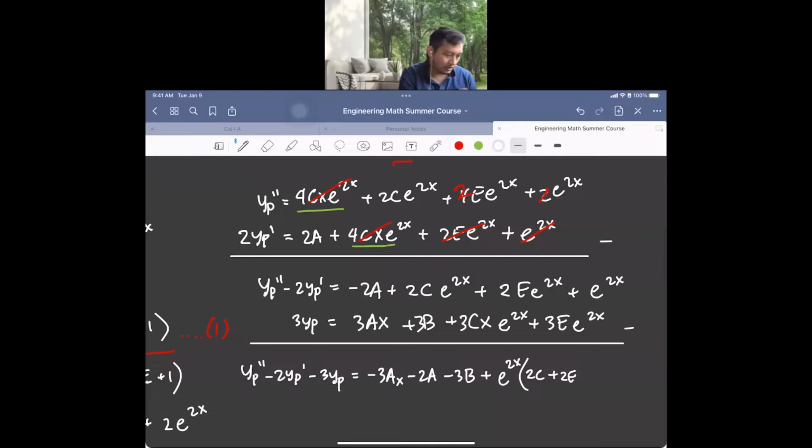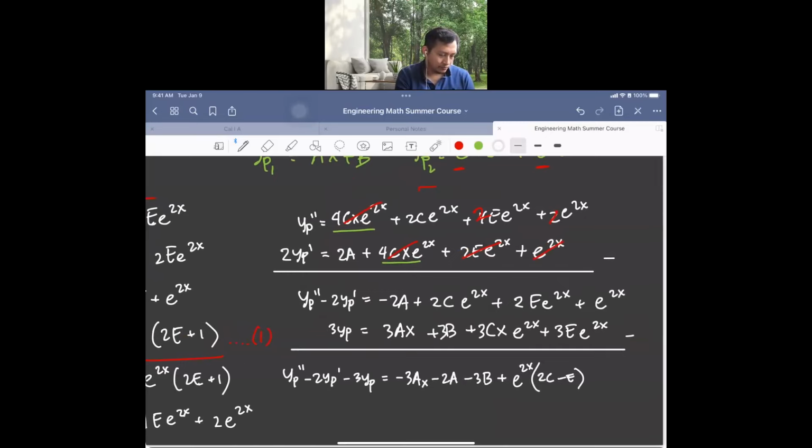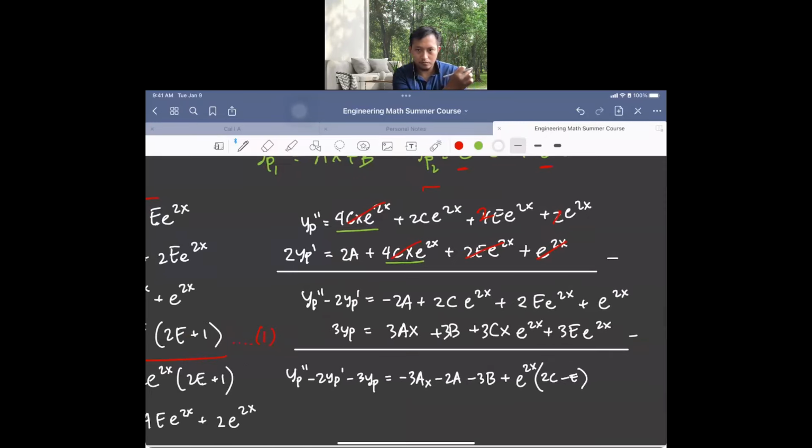And then minus 3e, so minus e. Let me check.